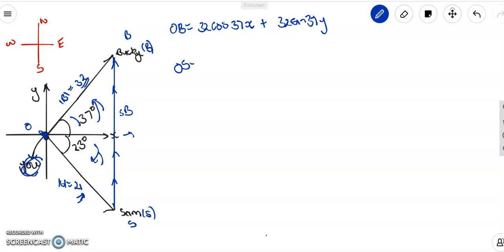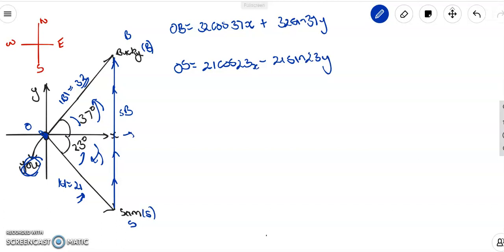OS has a positive x value. That's 21. Is it cos or sine? It's cos because we're going towards the angle. 21 cos 23 x, but it has a negative y value, minus 21 sin 23 y.